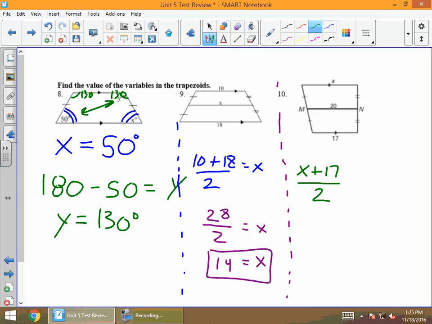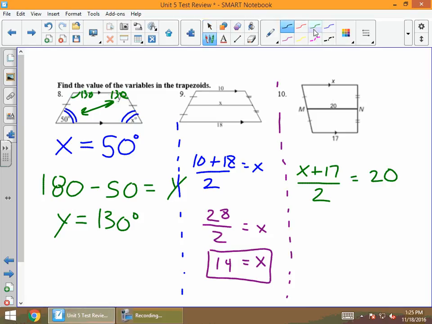Top plus the bottom divided by 2 equals that middle line. The setup is the same way. Whenever you have a trapezoid with a middle line, top plus the bottom divided by 2. Sometimes the x is going to be the middle line. Sometimes x is going to be the top or the bottom. Setup is the same way. Just how you get x is going to be different.